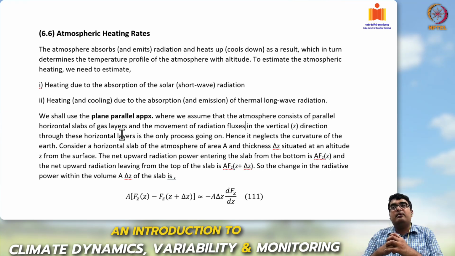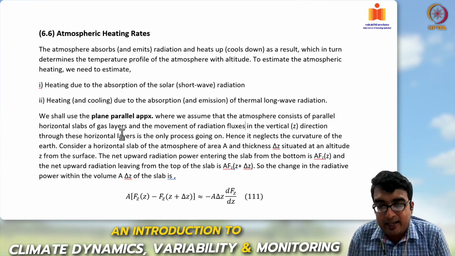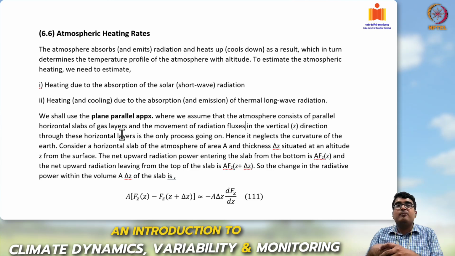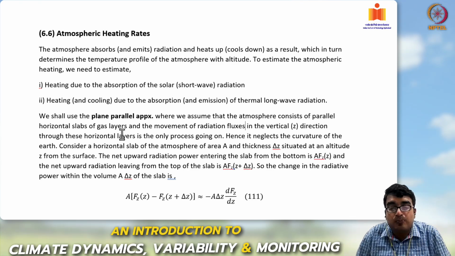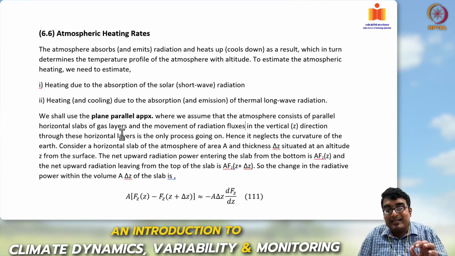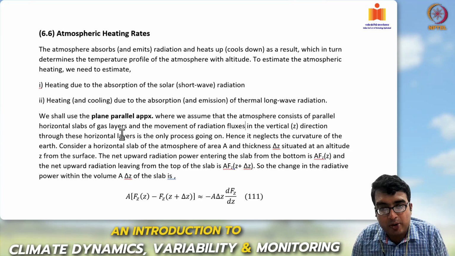Horizontal motion of air, atmospheric wind circulation systems are being neglected. We will discuss those later in the class, and any energy balance should also look at the vertical and the horizontal transport of energy due to the vertical movement of the gases. But that is something that we are neglecting in this very simple first order model.